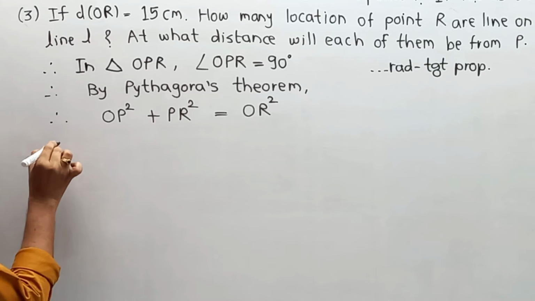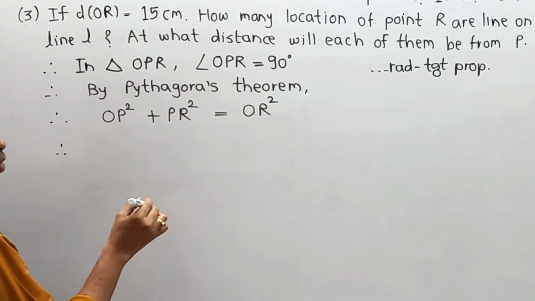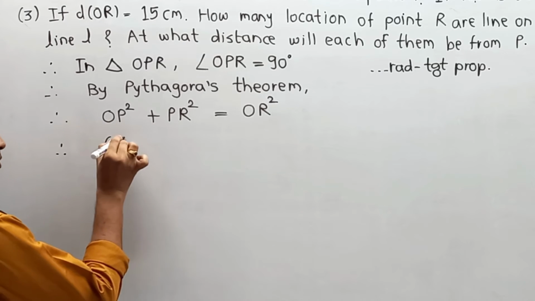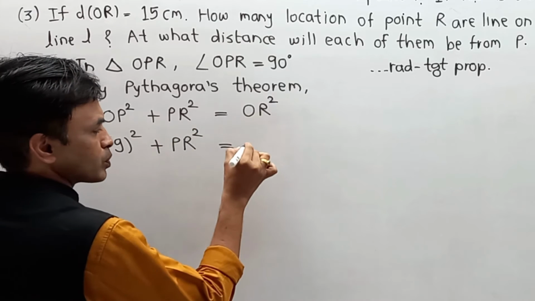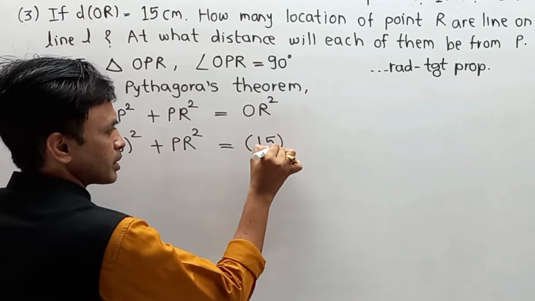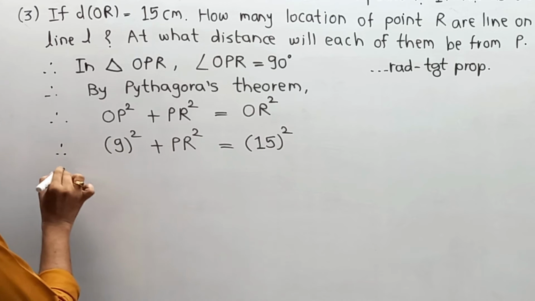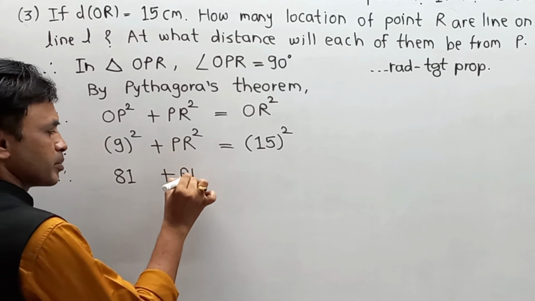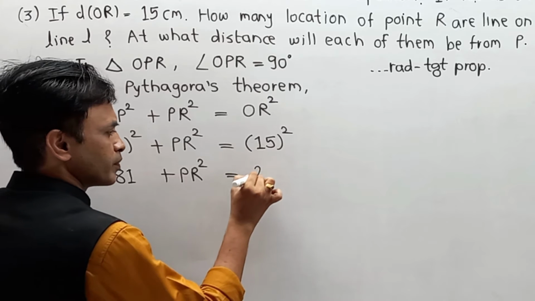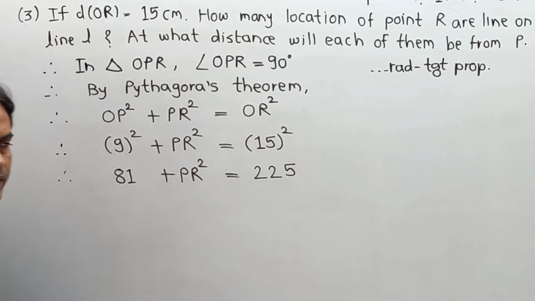Now evaluation: OP square means 9 square, plus PR square is equal to OR square, which means 15 square. Simplification: 9 square is 81, plus PR square is equal to 15 square, which means 225.